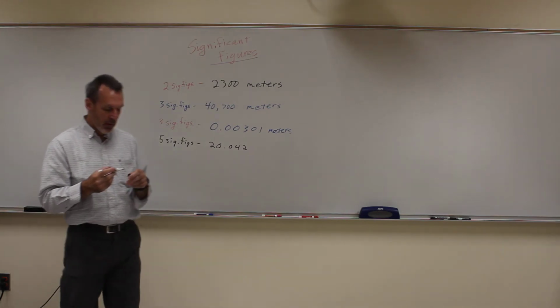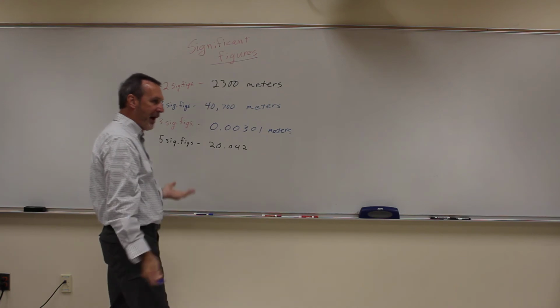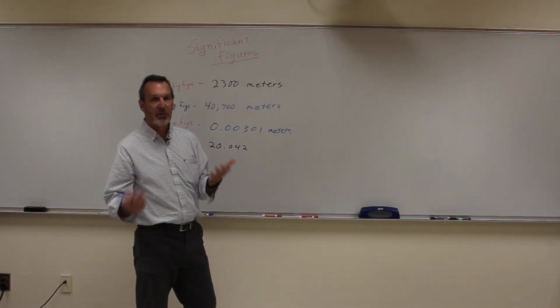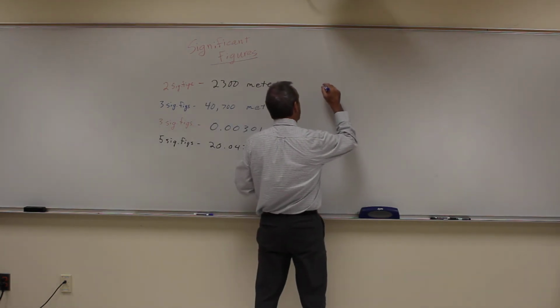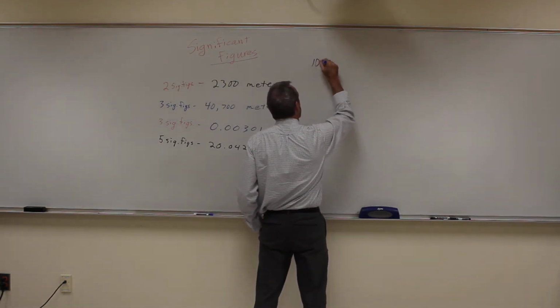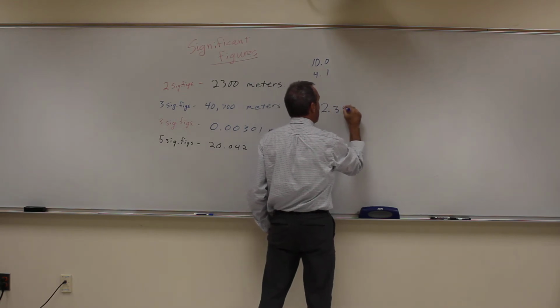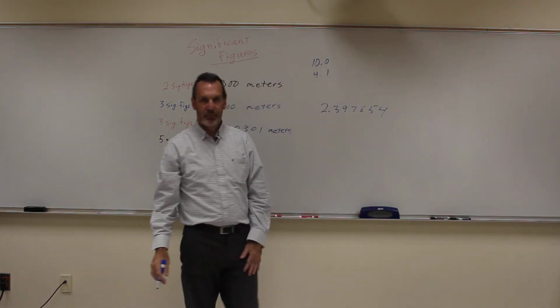Okay. All right. Why do we care about significant figures? Well, when you do a problem, you're going to have to add or subtract or divide or multiply or use a trig function or something. And maybe you started out with something that was 10.0 and 4.1, but your answer on your calculator says 2.397654, whatever.